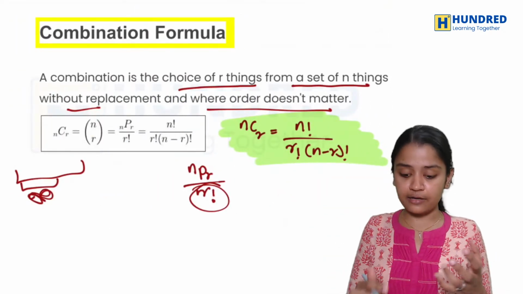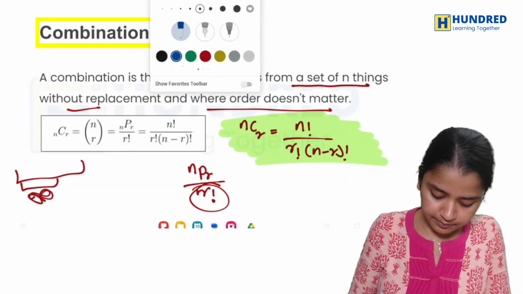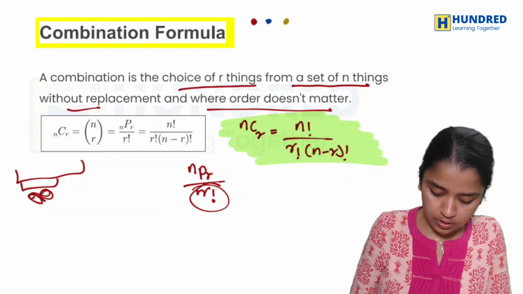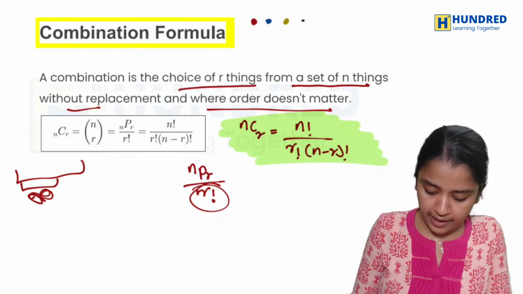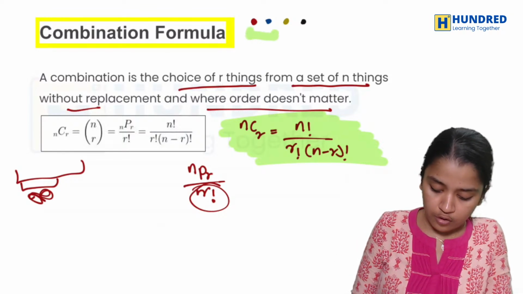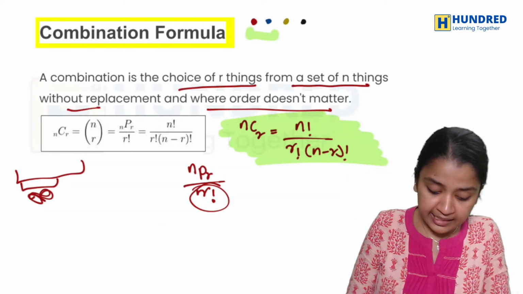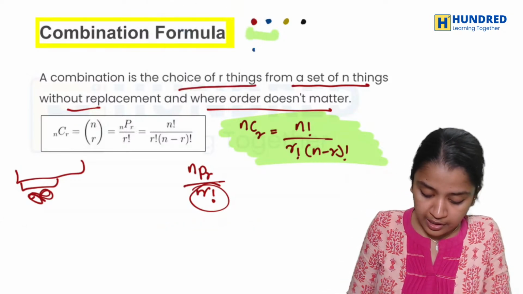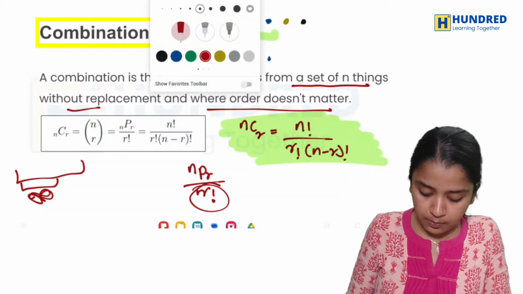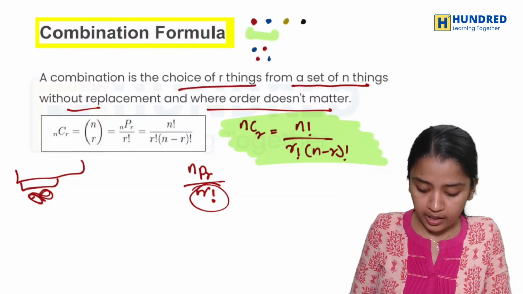But in that itself, for example, if I tell you, you're having a red ball, a blue ball, a yellow and a black ball. From the 4 balls, if I choose 2 balls in combination, it can either be blue red or red blue.